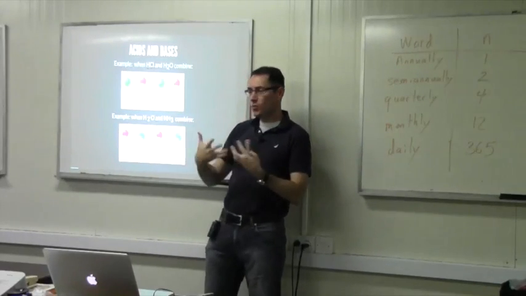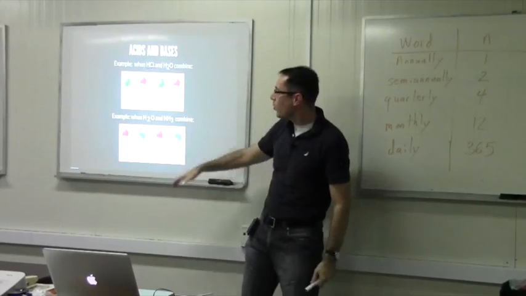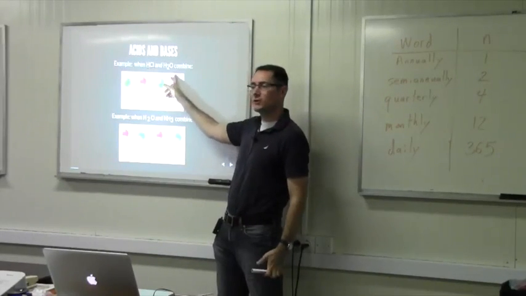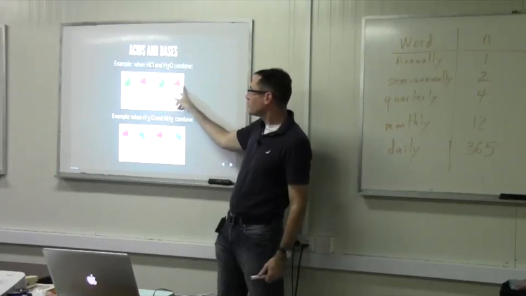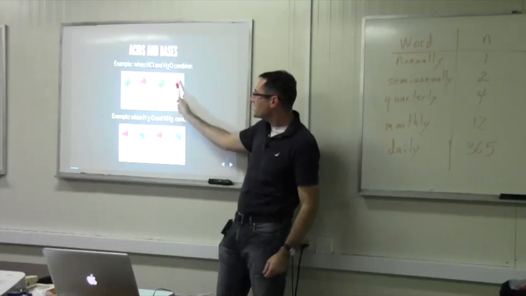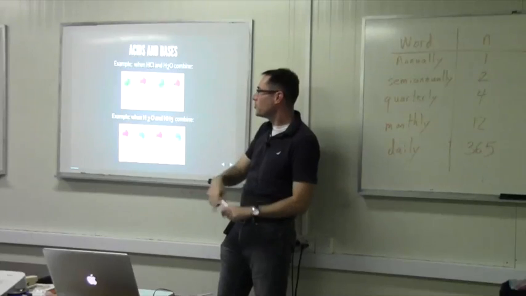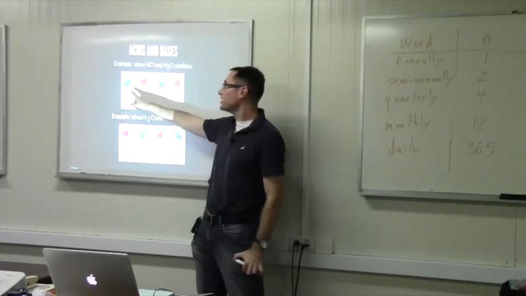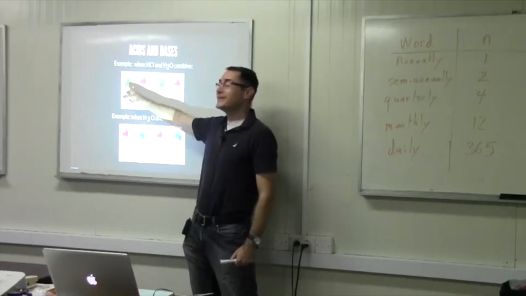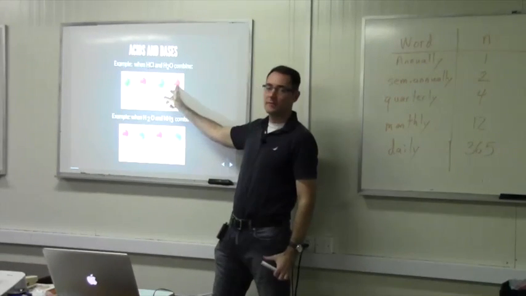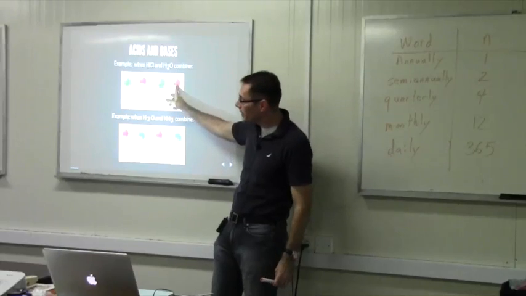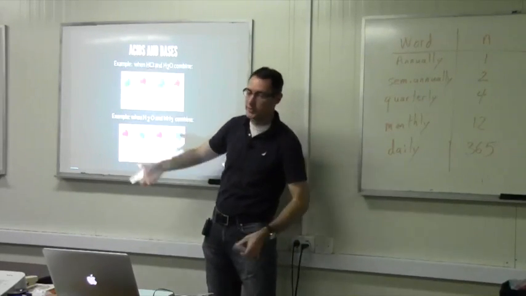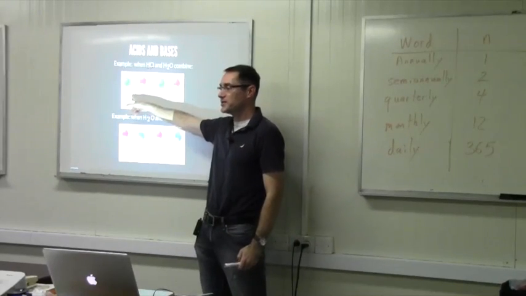When it's in water, the water grabs that hydrogen and makes a molecule like this, which has 3 hydrogens, 3 protons, and the chlorine has no extra protons anymore. So what did the chlorine do to its hydrogen? It donated it to the water. Acids donate, so in this case hydrochloric acid, as you can tell by the name, HCl is an acid.